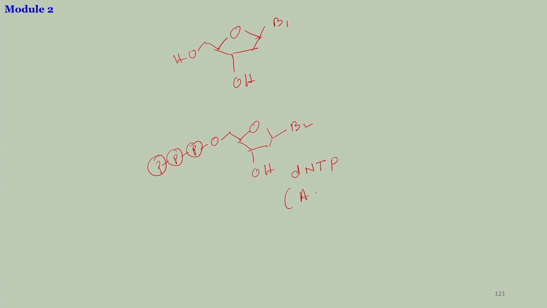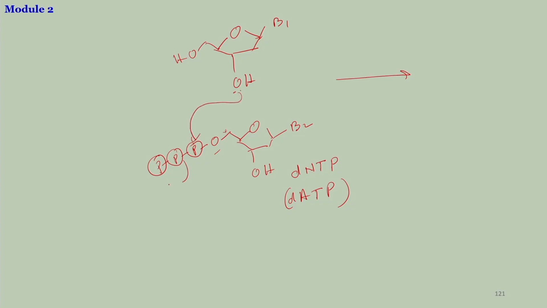For example, deoxyribose ATP is a form of triphosphate. If there is adenine here, it is called adenosine triphosphate. So, in our body we have nucleobase triphosphates available, and this reaction is catalyzed by the enzyme polymerase. We will see that in the next module.